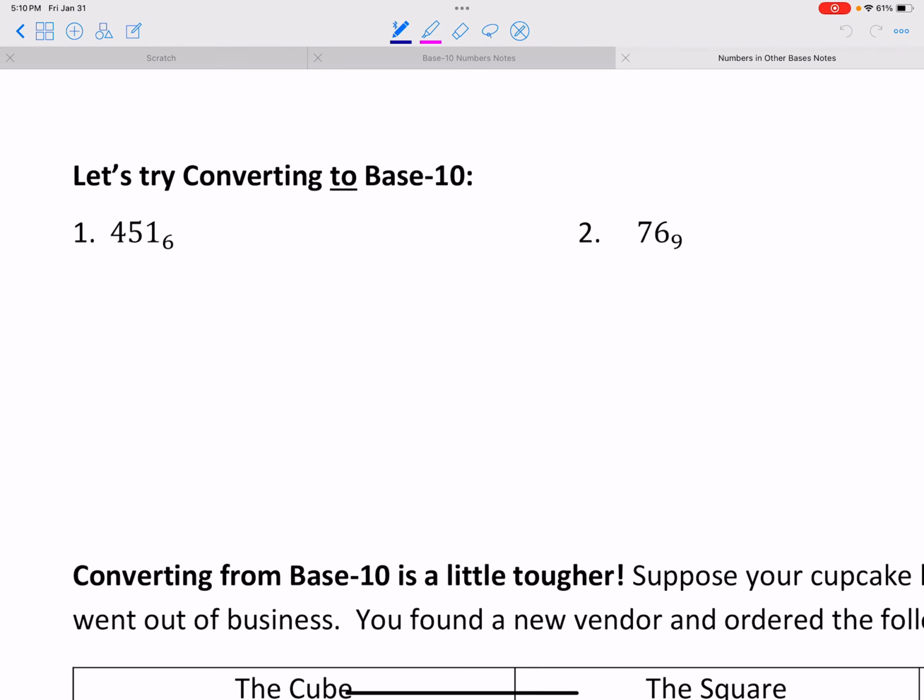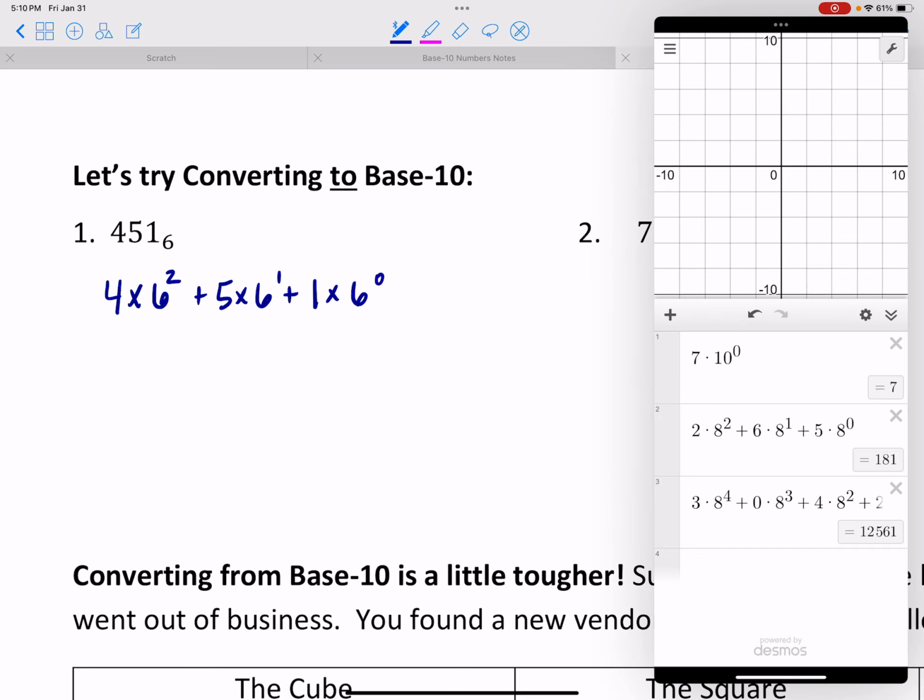Let's convert to base 10. So if I said convert this to base 10, that means I want to know what its base 10 value is. We're just going to expand it out and evaluate. So each one of these digits represents a power of my base. So 4 is a power of 6, and 5 is a power of 6, and 1 is a power of 6, starting at 0 and increasing, and then we evaluate.